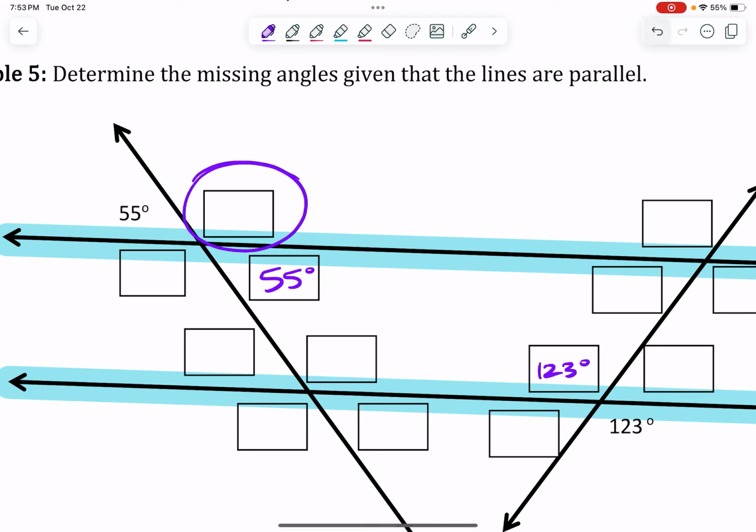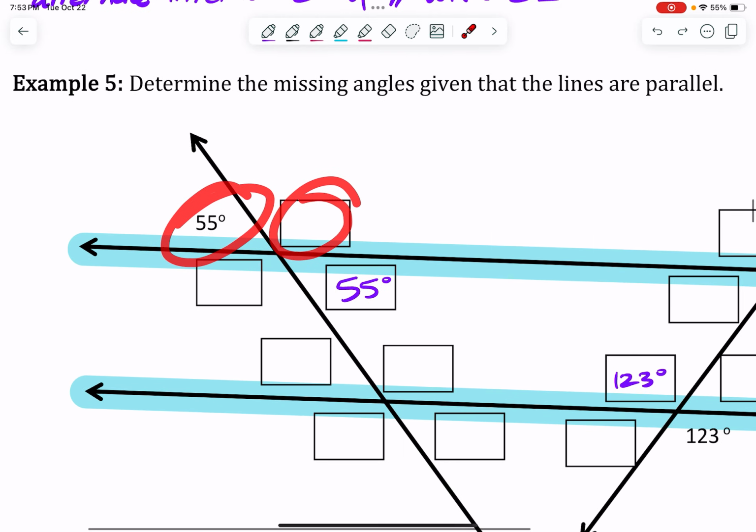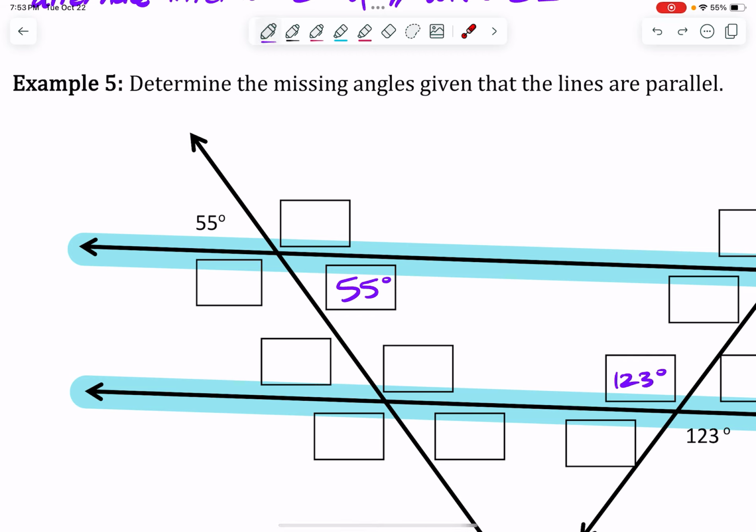So this angle here is supplementary to this 55 because of that transversal crossing this 180 degree line. Or same, it's supplementary to this 55 for the exact same reason. So 180 minus 55 gets us 125 degrees here. And across from it must also be 125 degrees.